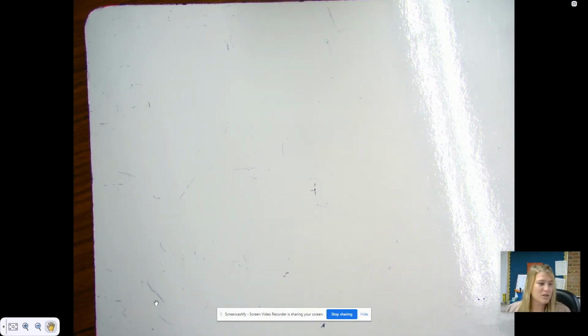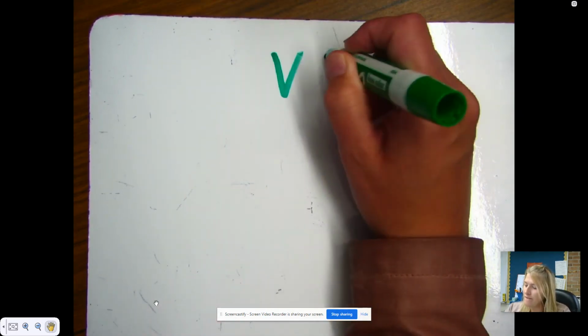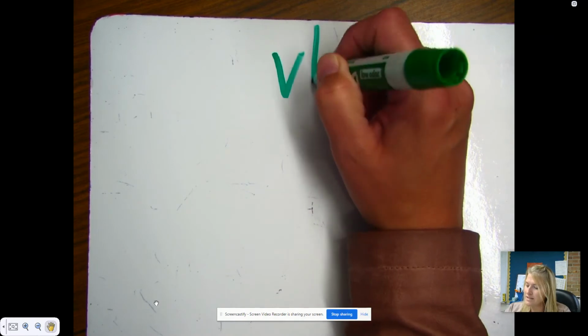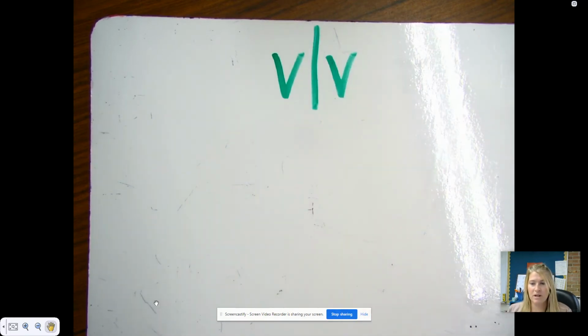Okay, so here we go. We're going to practice with a couple of words that I've selected. So when I write, you go ahead and write, and you can kind of see where that vowel separation is. On the top of my board, I'm going to write vowel, vowel, and put that separation right there in the middle of them because that's the pattern we're going to be following.